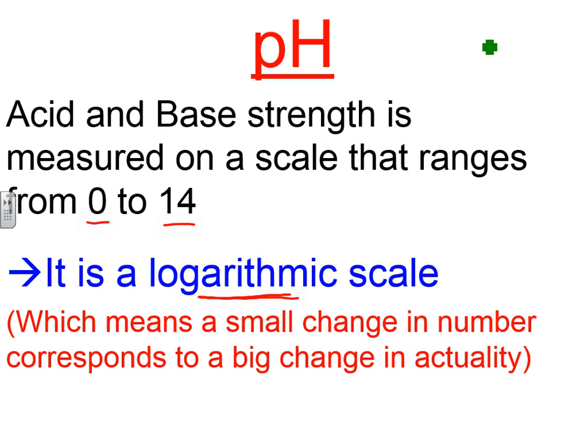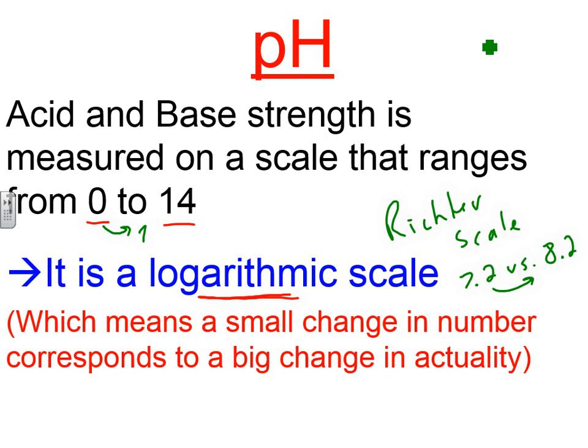You may have heard of the Richter scale, in which an earthquake that's a magnitude 7.2 versus one that's 8.2 is not just a little stronger, it's quite a bit stronger, 10 times stronger or so. So this is a similar scale, and so we'll see, going from a pH of 0 to a pH of 1, that's a 10-fold increase in magnitude, you can say.